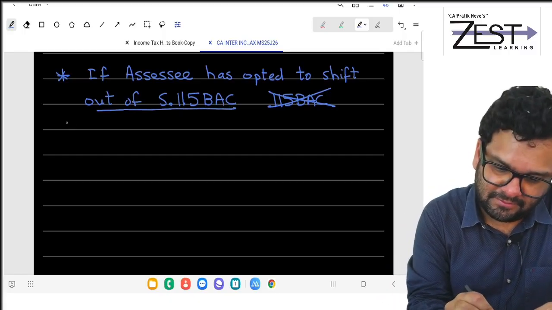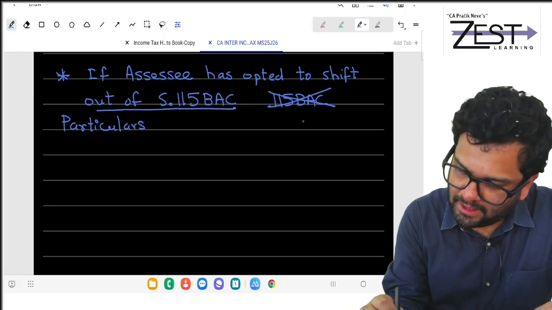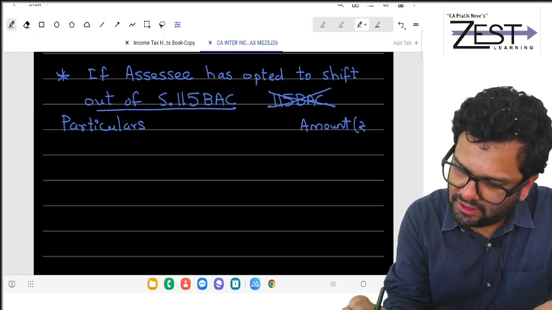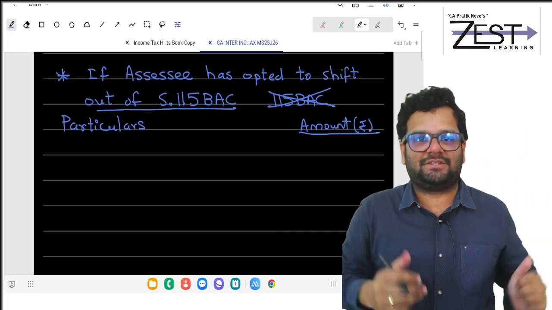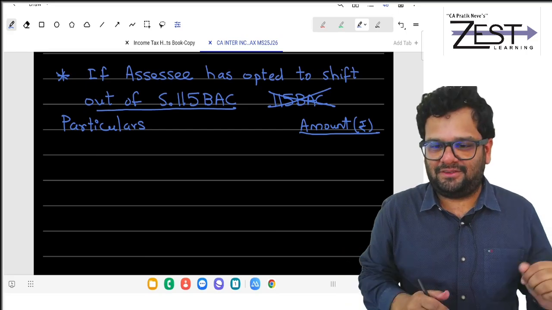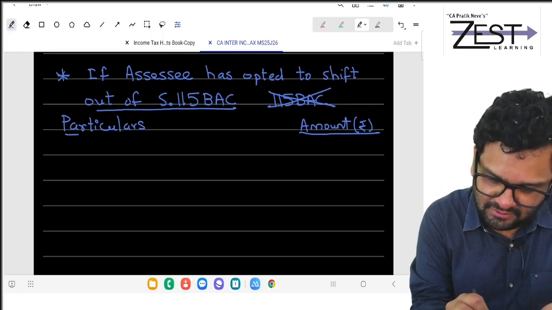May I start? Particulars and amount in terms of rupees. Only one amount column is sufficient because we want to do a reconciliation. We don't want to sit and do the whole calculation again. So what do you already have?